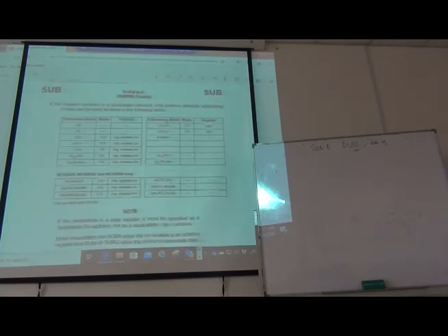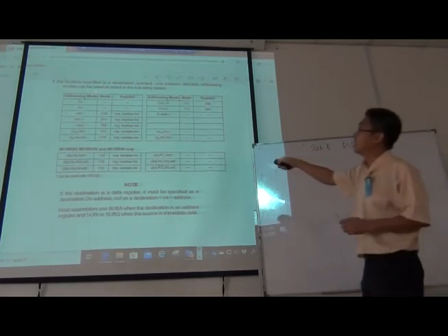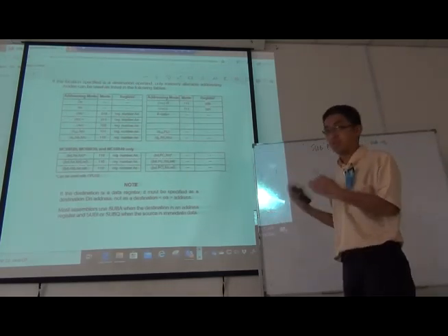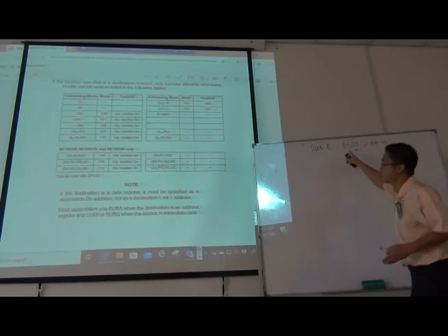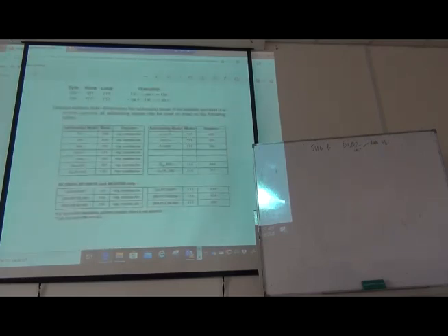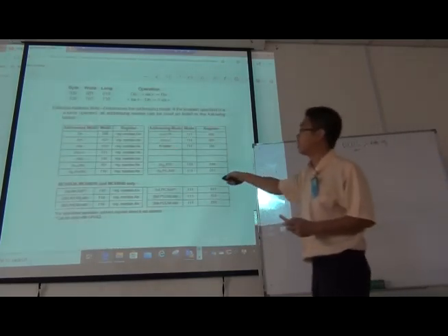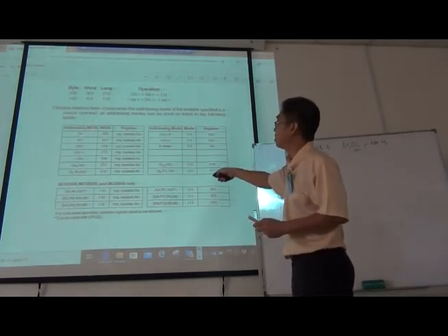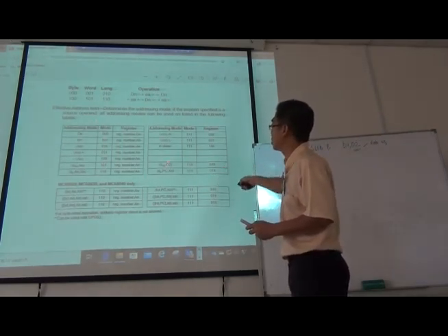So this one, what does it say? Location is a destination operand, which is not. You are going to use this as the source operand. So that is data register number 1. From this table, which one do you need to choose? Is it this one? Is it this one? Or is it this one?